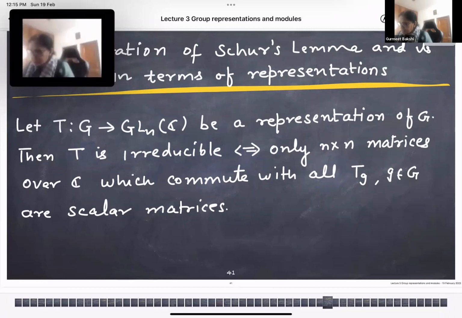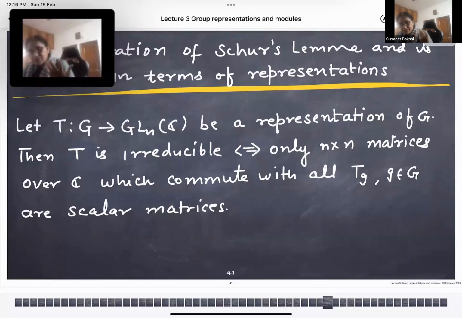You take a representation of G, then T is irreducible if and only if the only n cross n matrices over C which commute with all Tg are scalar matrices. You know what the center of GLnC is? Scalar matrices.